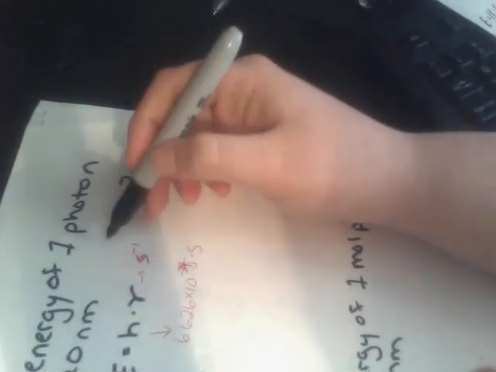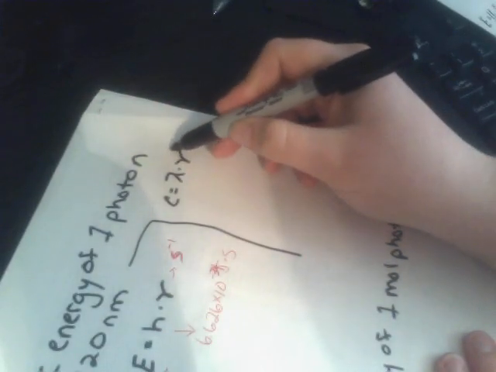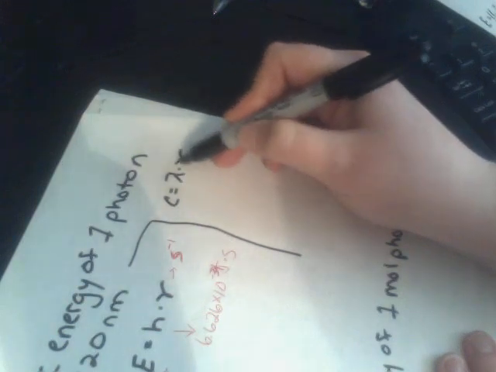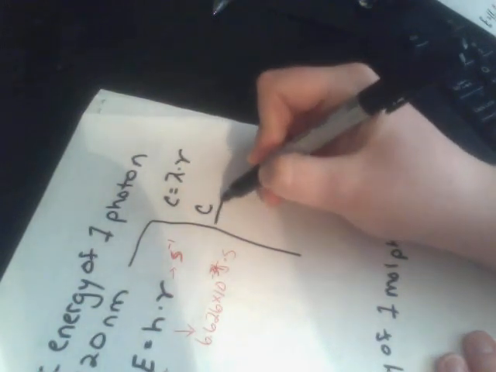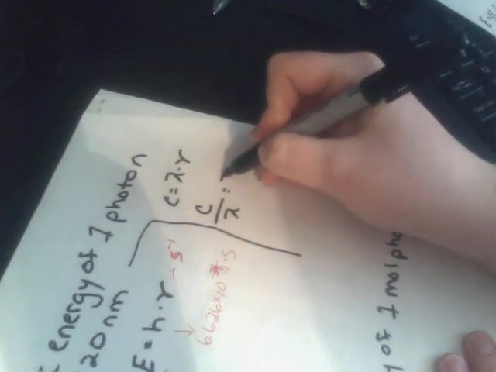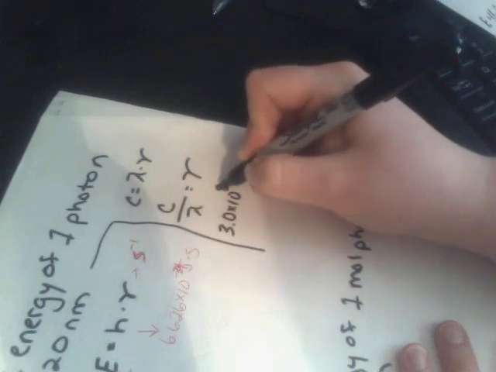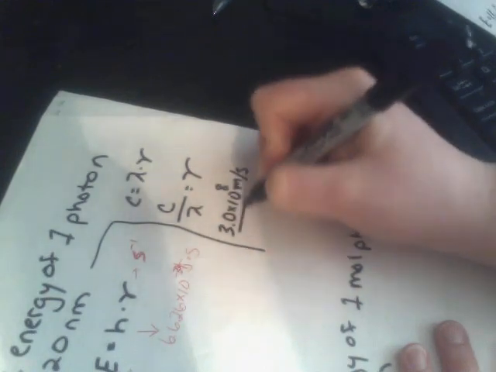So we're basically doing a little side quest here, right, to find the frequency. So c is the speed of light, and our goal is to solve for frequency, so we're going to have c divided by wavelength equals frequency.